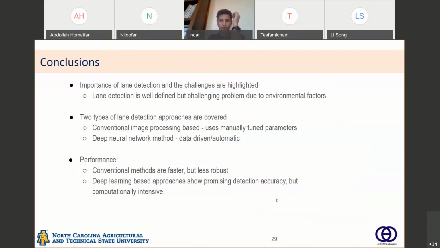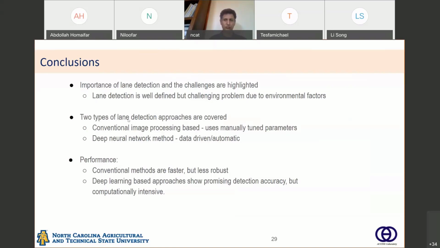In conclusion, I've already talked about the importance of lane detection. Obviously, we want to be in the lane all the time. Even autonomous vehicles are required to be in the lane all the time. I've also highlighted some of the challenges in the lane detection process. Although it's a very well-defined problem, because of those challenges, lane detection is in general a very tough problem.